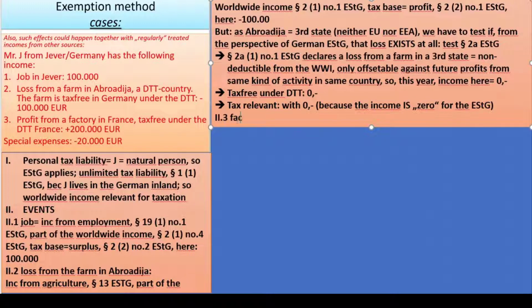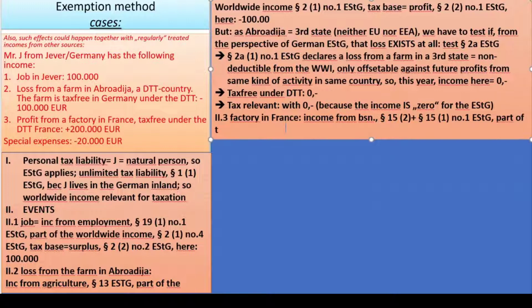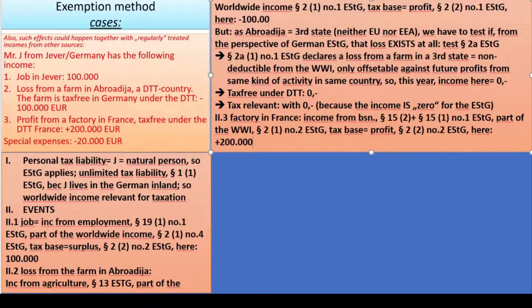2.3. The factory in France. Income from business, 15.2 plus 15.1 number 1 if our friend is the sole proprietor. Part of the worldwide income in principle. So 2.1 number 2 ESTG. Tax base is the profit to number 2 ESTG. That's here plus 200,000.